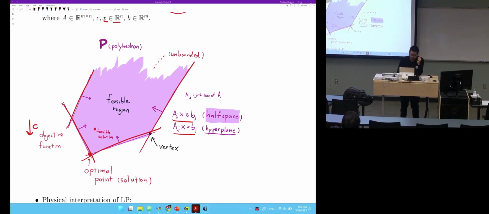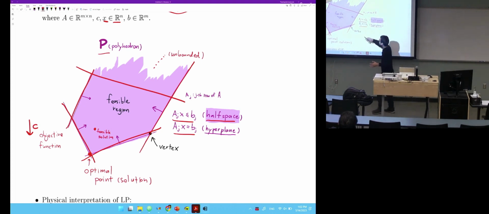The intersection of these half spaces has a name. It's called a polyhedron. Now this polyhedron can be bounded or unbounded. If I have this one, then it would be bounded, so the volume of this area is finite.